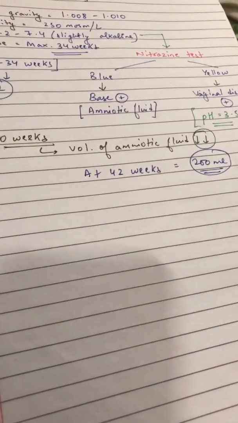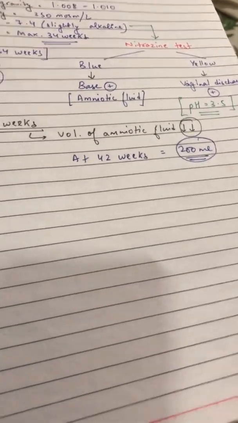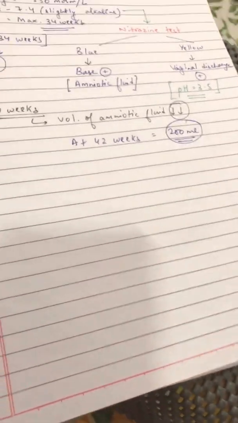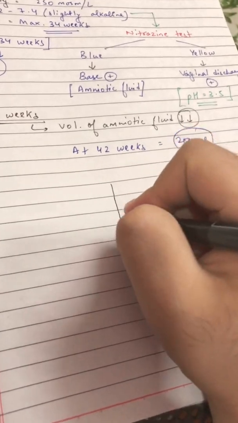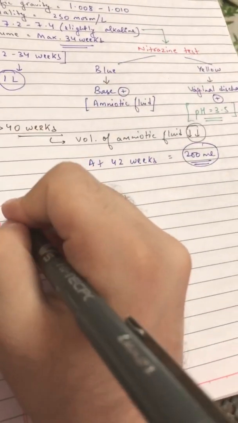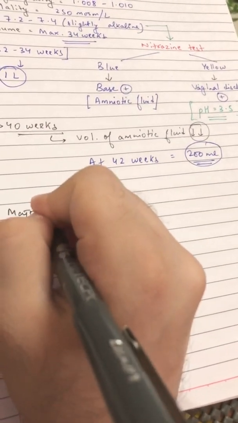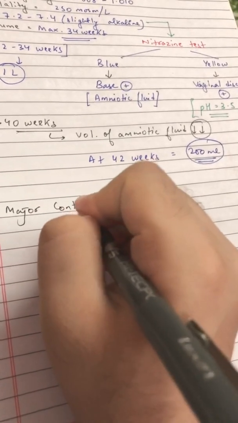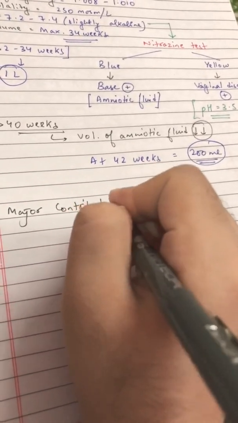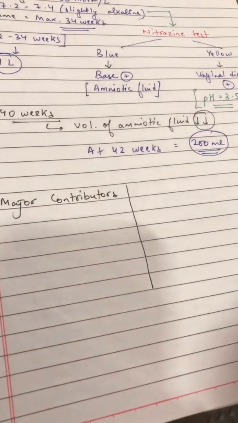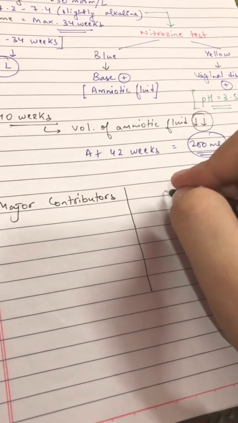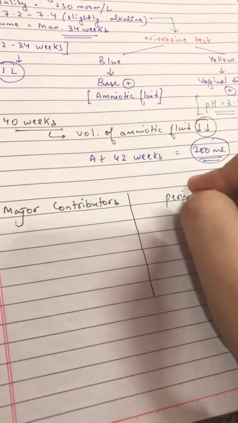Now let's see what are the major contributors of amniotic fluid. Let's make a table. Here we are going to write major contributors, and here we are going to write period of gestation.